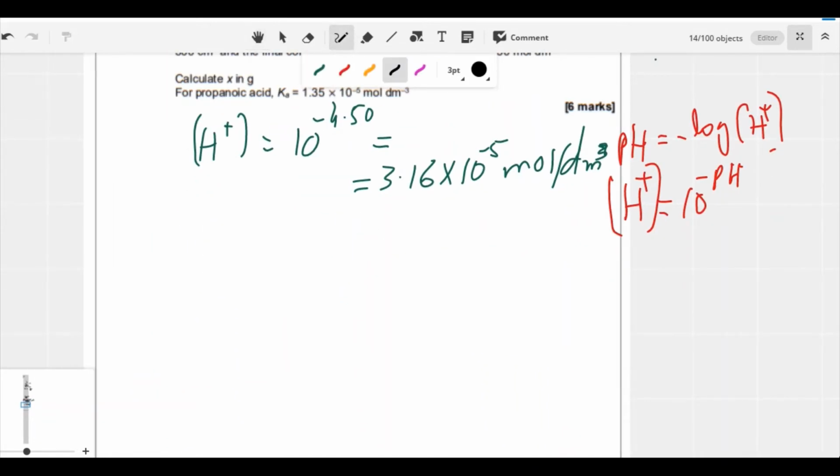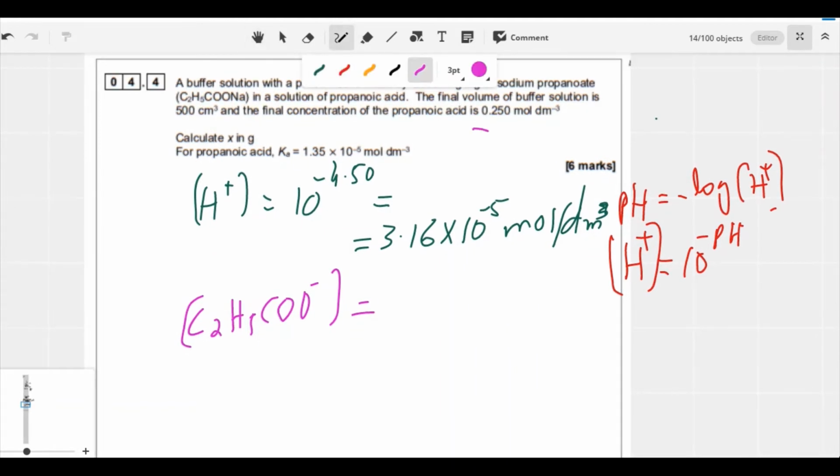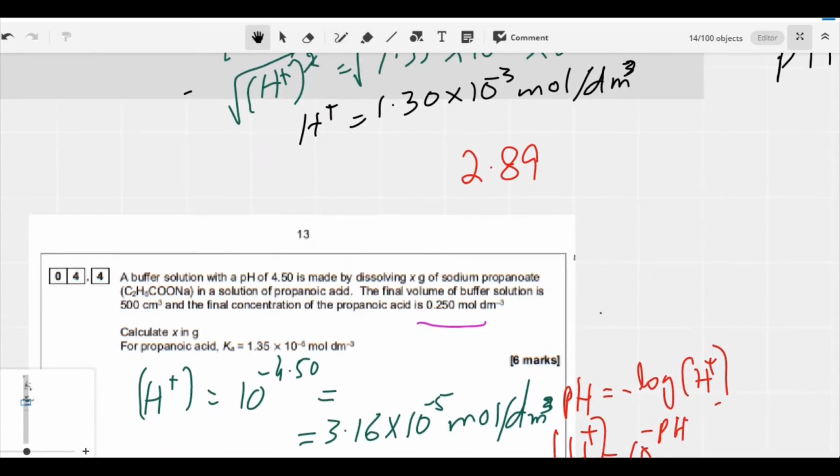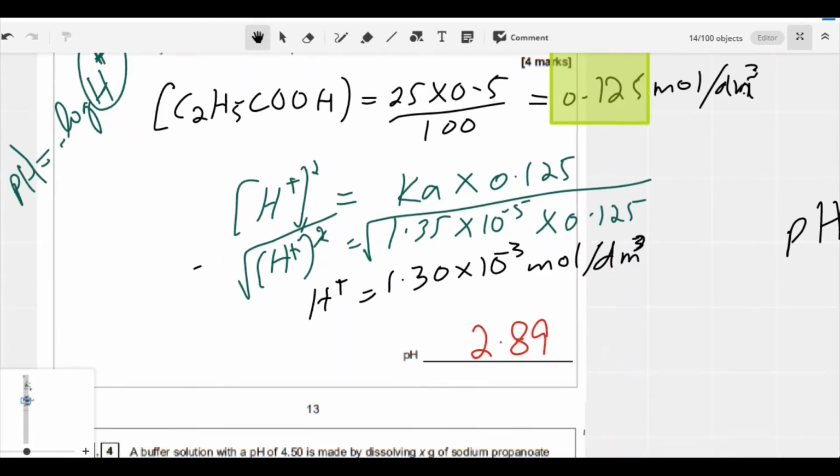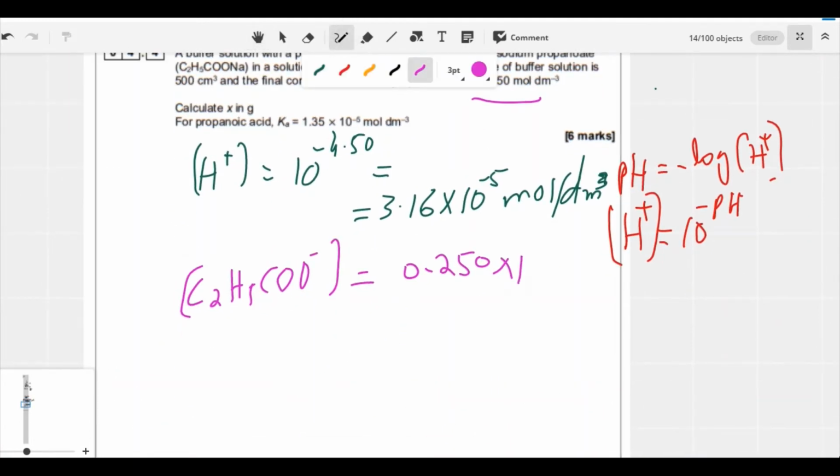So here it will equal C2H5COO negative. As we already discussed, the final concentration of the propanoic acid is 0.250 times the Ka value, 1.35 times 10 to power negative 5, over the hydrogen ion concentration, that is 3.16 times 10 to power negative 5.